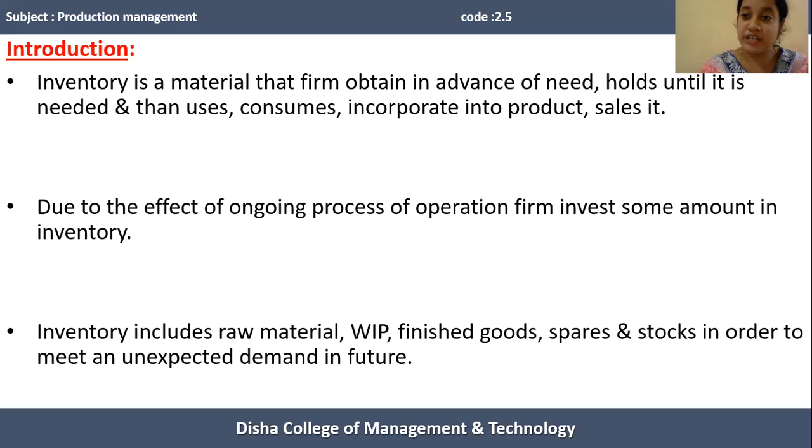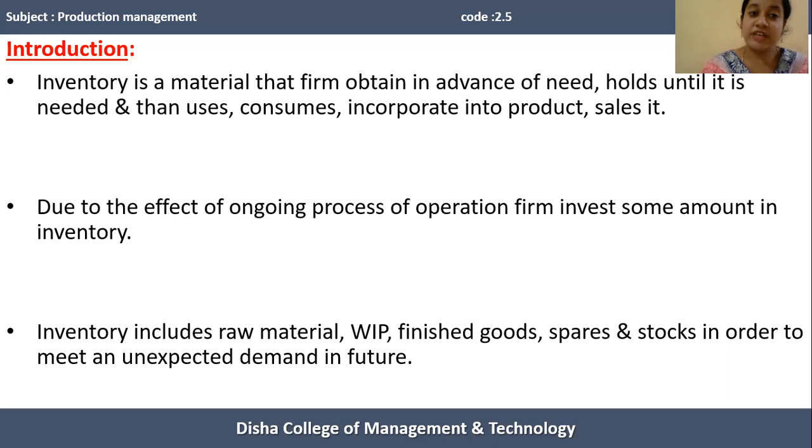In our second unit, we discussed in detail the management part of material, the management part of raw materials. Means at what price the organization should procure the items, from whom the organization should procure the items, at what price, and what type of raw materials the purchase department should procure. About these things we discussed in our second unit.